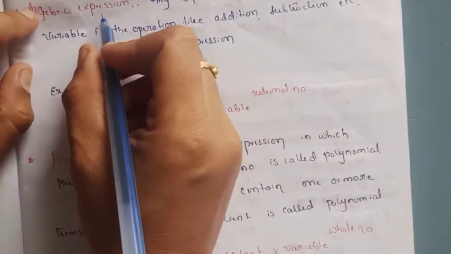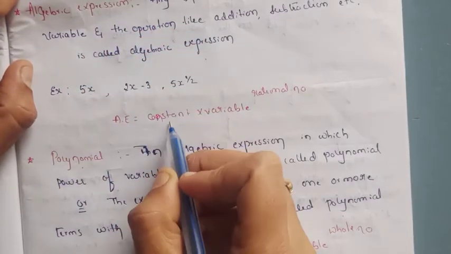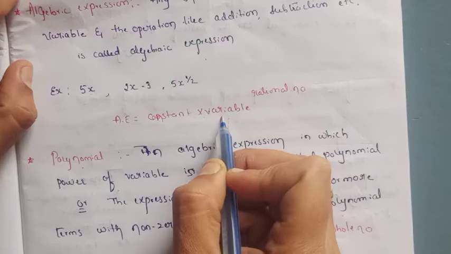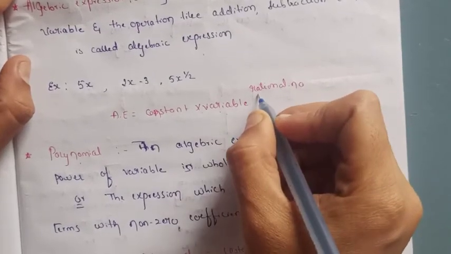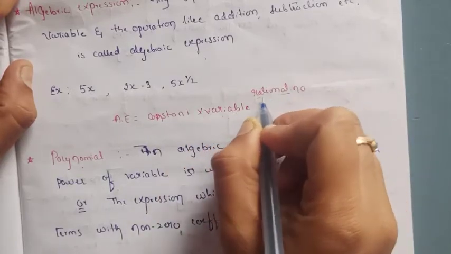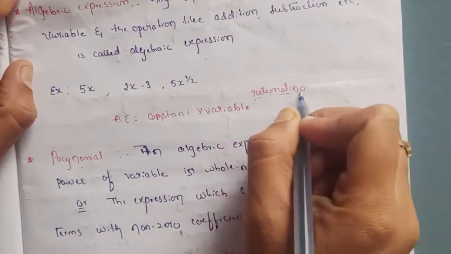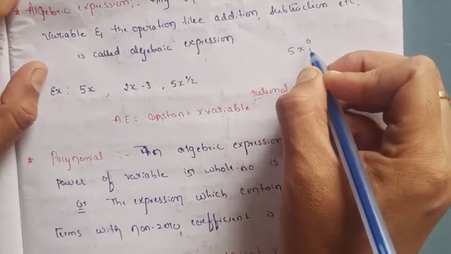And another important point for algebraic expression, it should follow constant into variable to the power of a rational number. Variable power should contain a rational number, like 5x to the power 0.